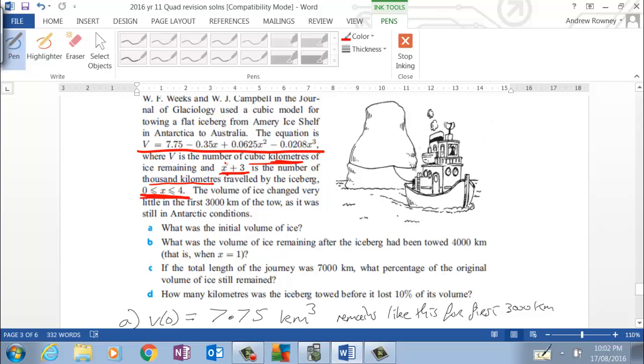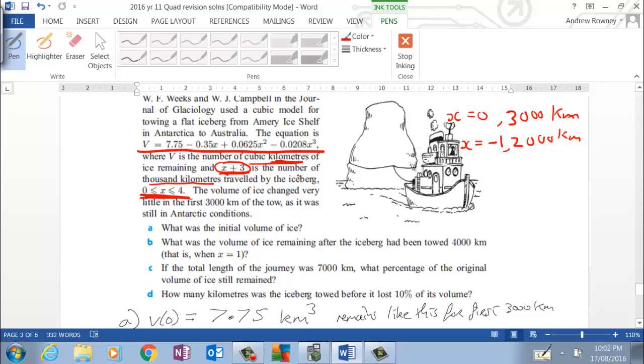So in other words, if the amount that you towed was x plus 3, so let's say you towed it for 3,000 kilometres, then what that means is x is equivalent to 0. If you towed it for 2,000 kilometres, then x has to be equal to minus 1, because minus 1 plus 3 is equal to 2.